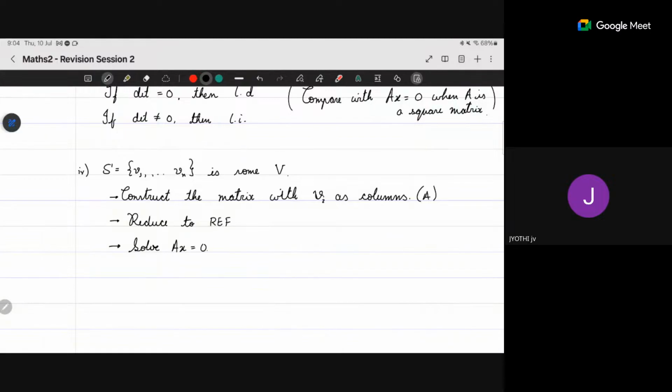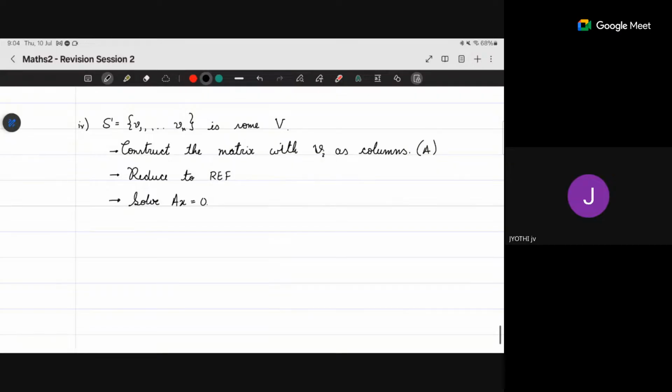If there is a unique solution to this, then it is linearly independent. If it has infinitely many solutions, it is linearly dependent. Once again, I'll give an example for this, otherwise it might be confusing.